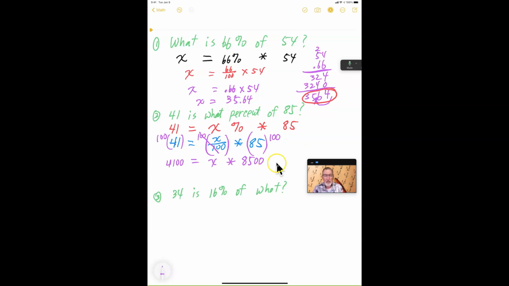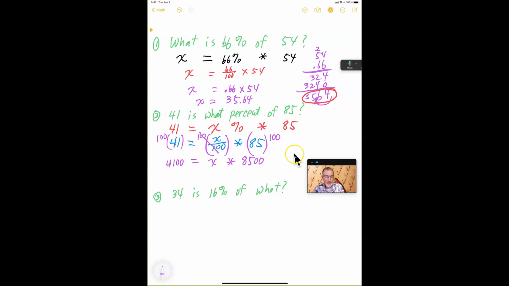And now it's easier for us to solve for x. All we've done is to, in order to eliminate this fraction, we had to multiply this by 100. But in order to keep everything else equal, we had to multiply each term by 100 as well.